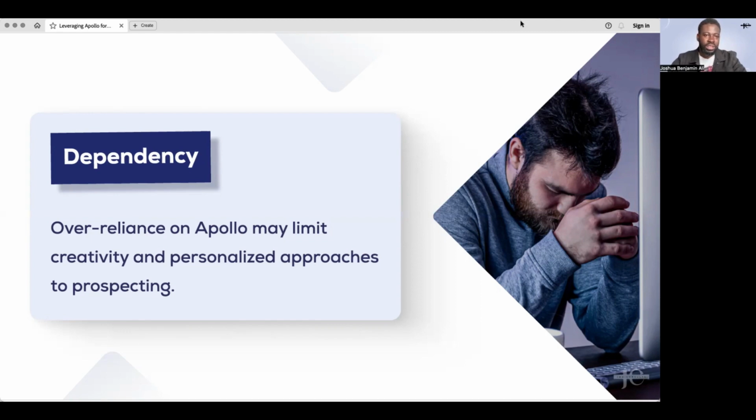So it's very important that you familiarize yourself with other lead generation softwares or lead generation platforms out there, and that way you don't rely solely on Apollo, because even though they have a vast number of contacts or leads that you will be able to reach, it's advisable to also use other lead generation systems to help you understand how you'll be able to prospect your leads accordingly.